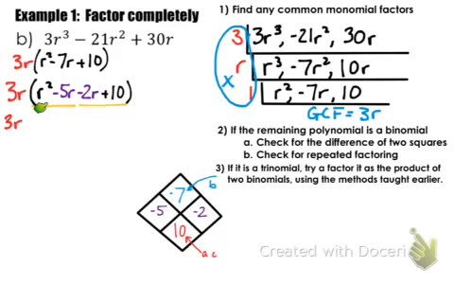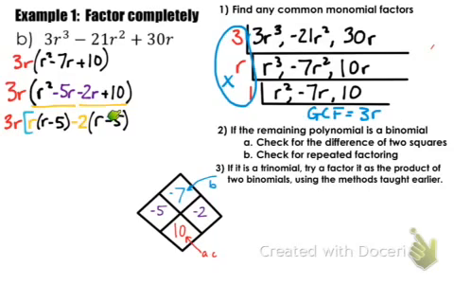The greatest common factor between r squared and negative 5r is r, so we're left with r minus 5. In the second group, since our leading term is negative, we factor out a negative 2, leaving us with r minus 5.